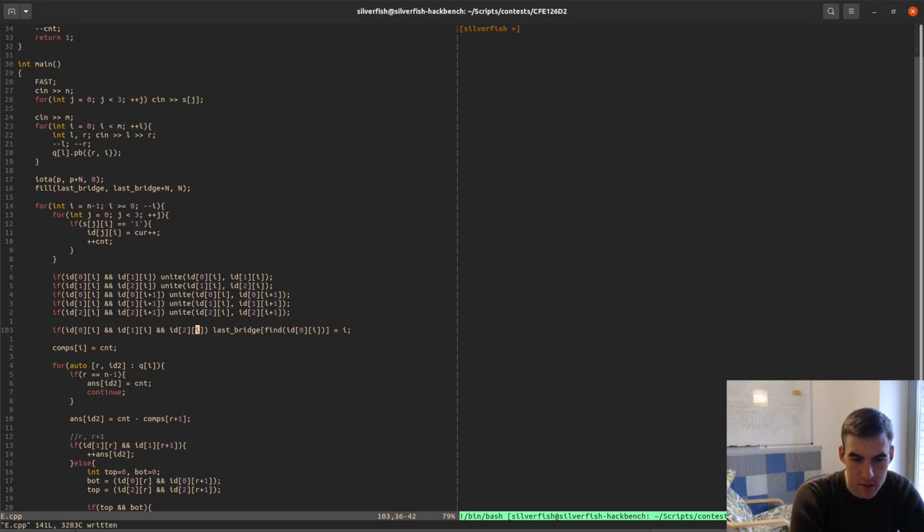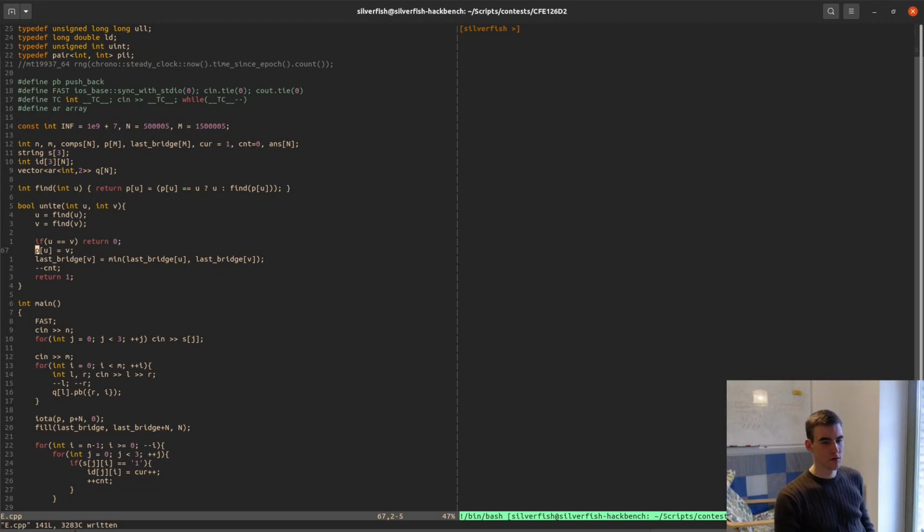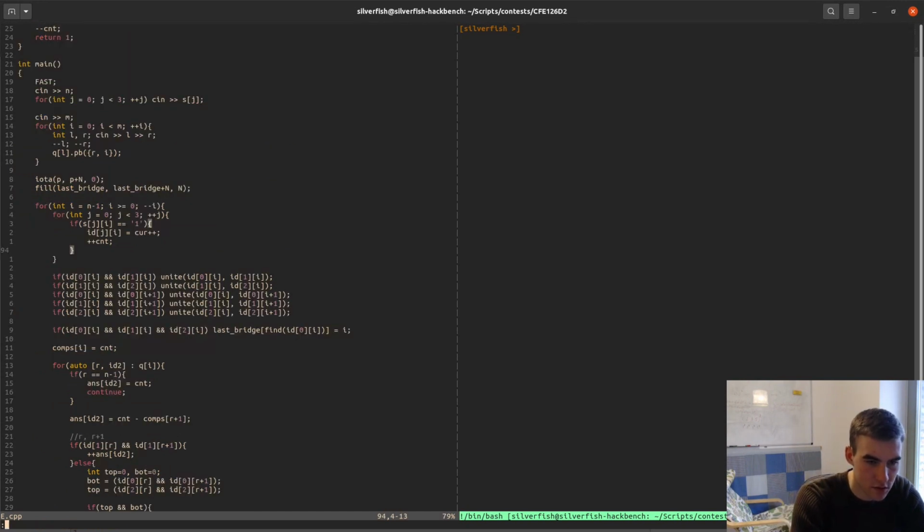Well, if I is a bridge, then last bridge of find id 0I will be equal to I. If I unite two elements, it's the minimum of the two last bridges.